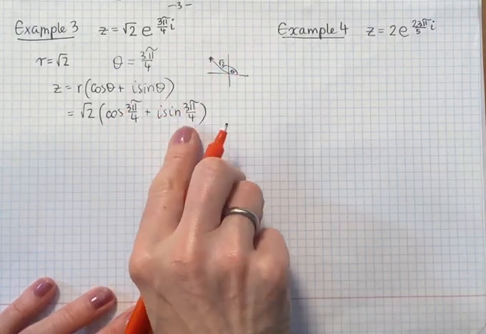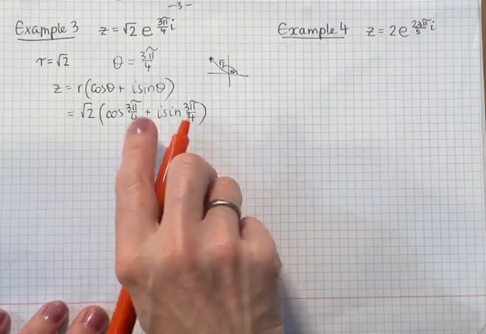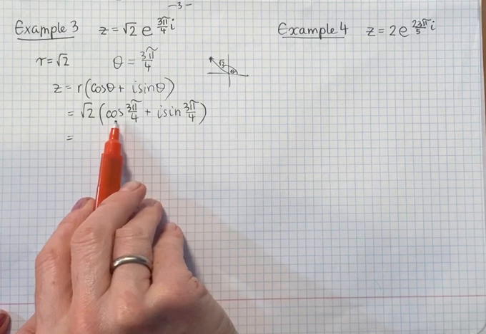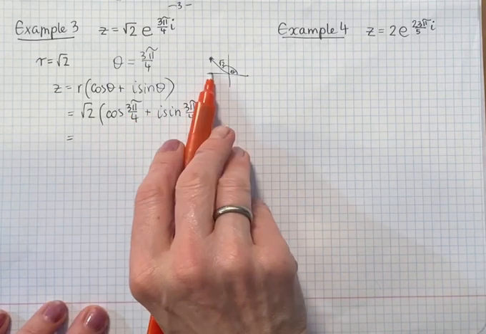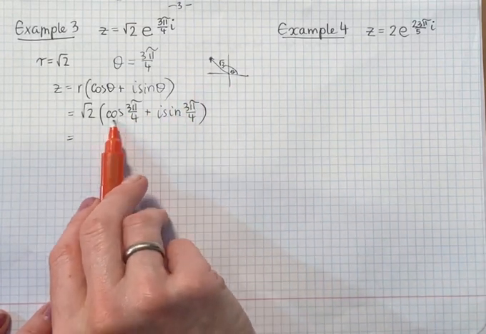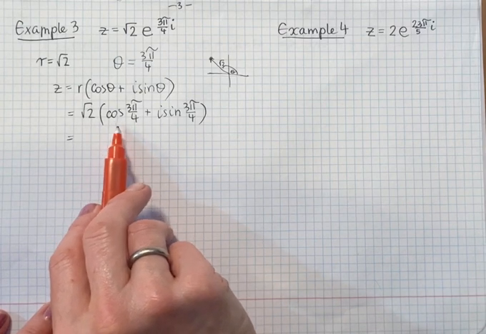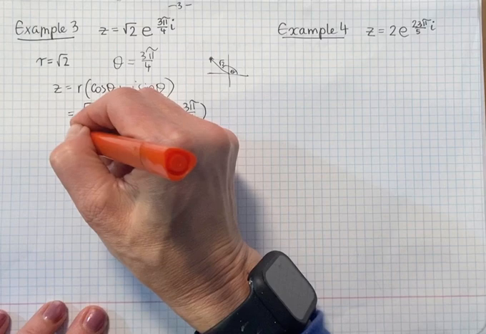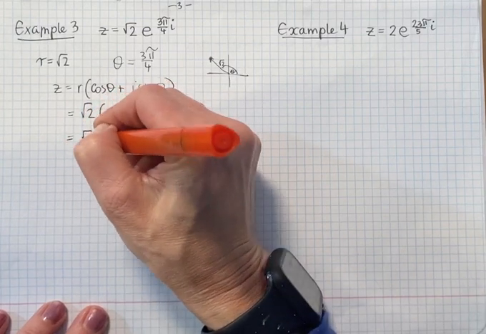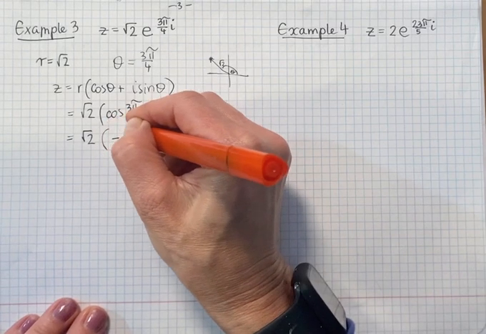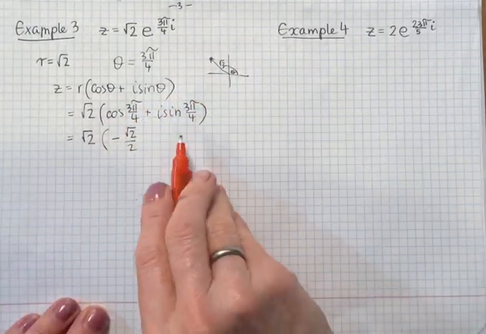And just reach for the calculator or work out what cos 3 pi over 4 is. I can see that it's going to be negative, but you can reach for the calculator. It's minus root 2 over 2 or minus 1 over root 2. If you reach for the calculator, it will give you minus root 2 over 2, so that's what I'm going to put down, because I imagine this is what you would do.